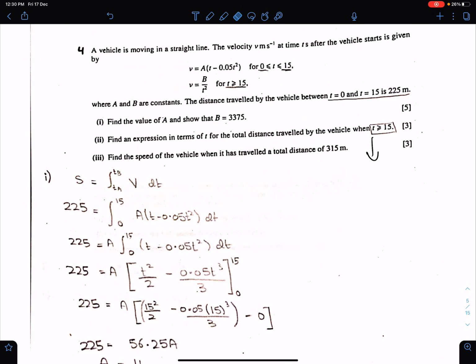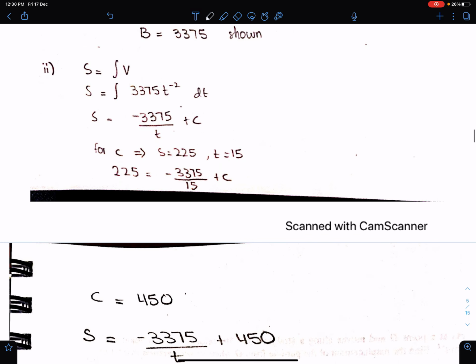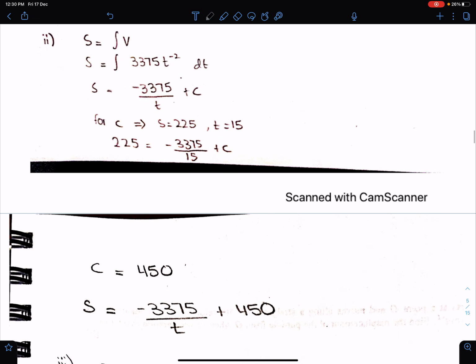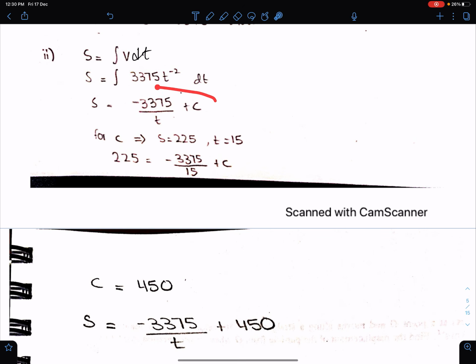Since we don't have an interval like 15 till 20, we cannot use integration with limits. We have to use this concept, S is equal to integral of v dt. Just use this concept. So when you use this concept, S is equal to integral of v dt, then you will get this equation.